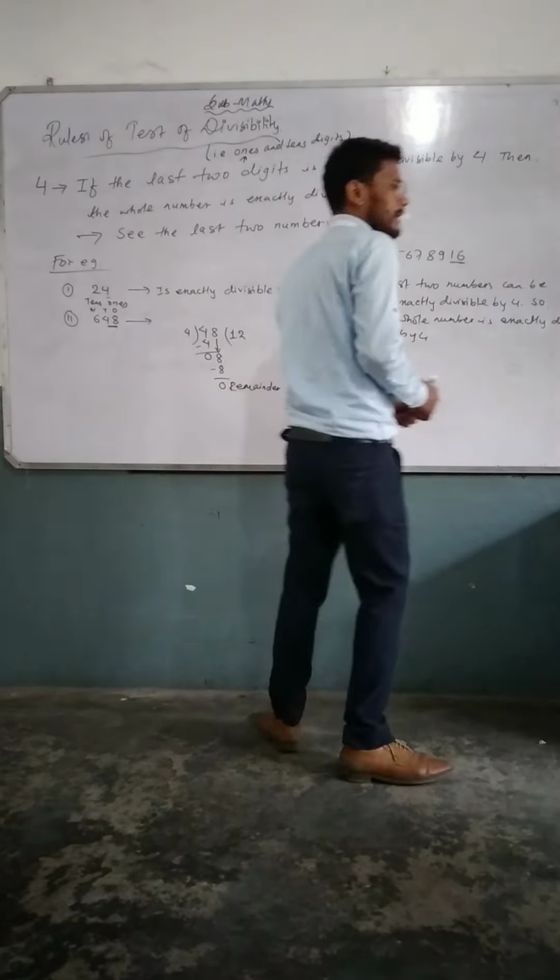Got it? Any confusion over here? No, sir. To check by 4, which number do you have to check at first? The last 2 digits or last 2 numbers, isn't it? And those last 2 numbers must be divisible by 4. Then only at that time can we say the whole number is exactly divisible by 4 only.